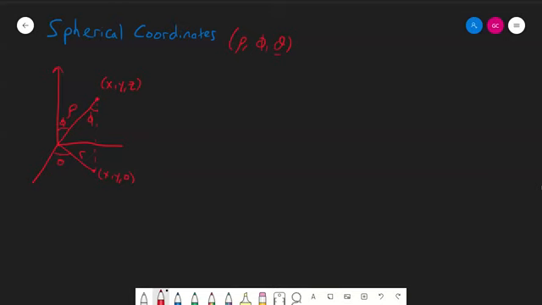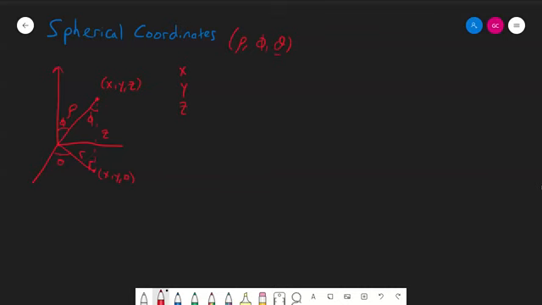So for starters, we'd like to know how to rewrite x and y and z in terms of these new coordinates. Z here, of course, is the distance of this dashed line right here. Well, we can use right triangle geometry to figure out the relationship between rho and z and r, because I have an angle of phi right here, and I have a right angle, which is this angle right here.